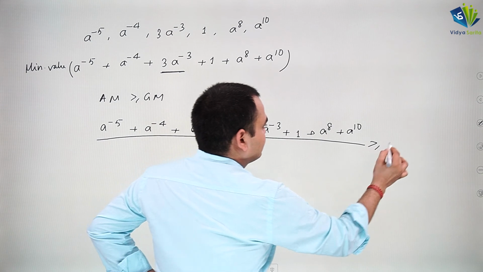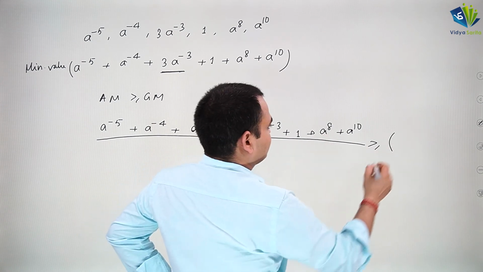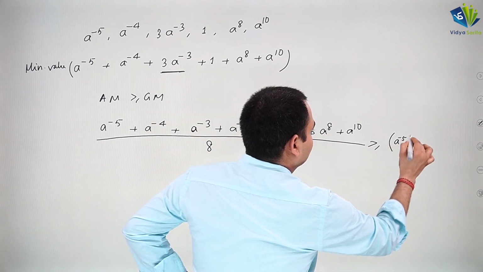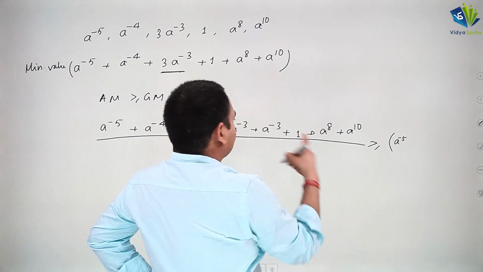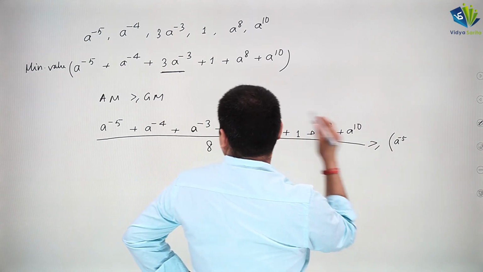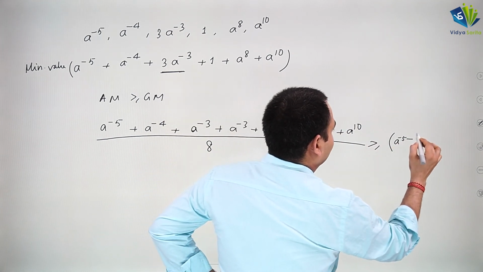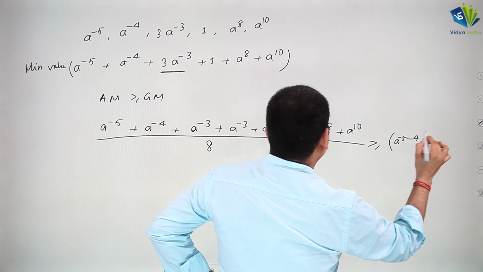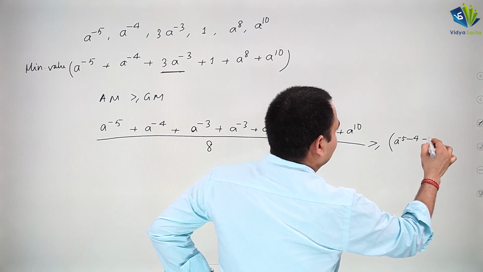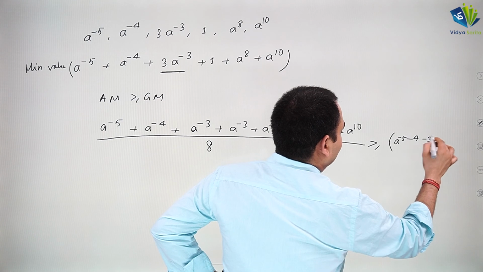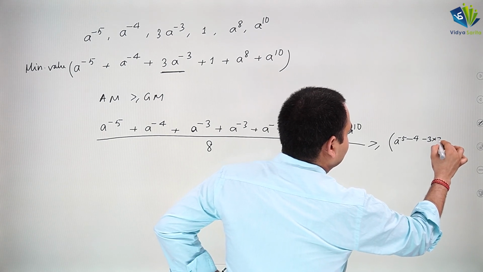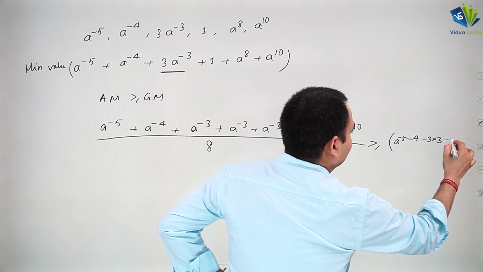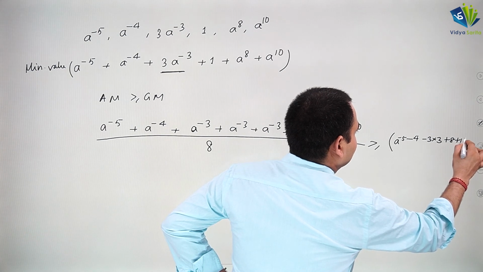Greater than or equal to, all these quantities will get multiplied, a to the power minus 5. If you multiply, the powers get added: minus 5, minus 4, minus 3 three times, that is minus 3 into 3, and again plus 8 and plus 10.